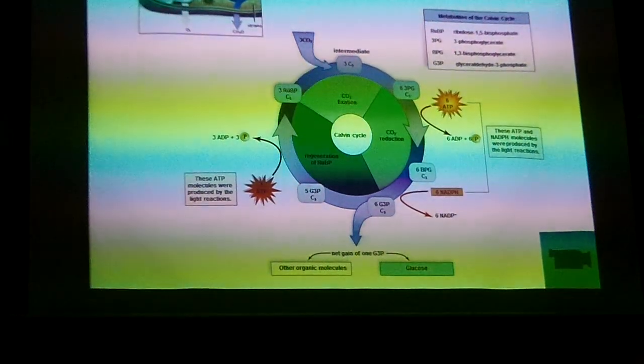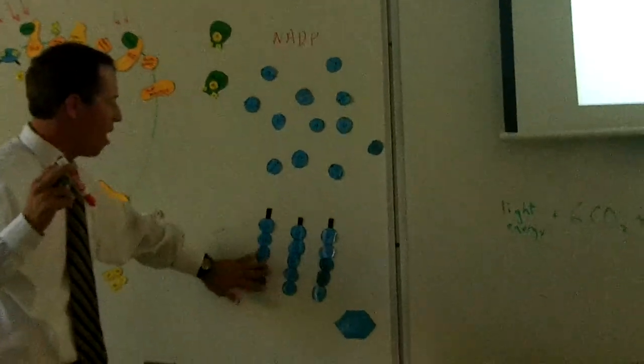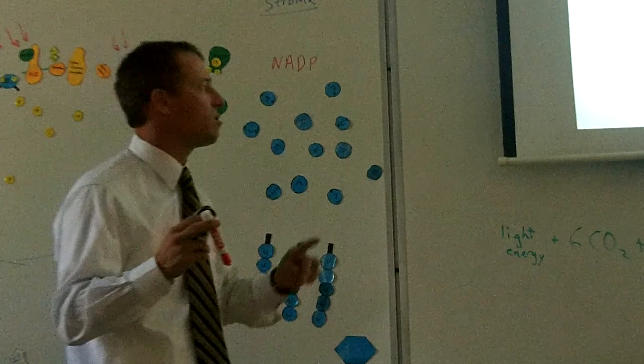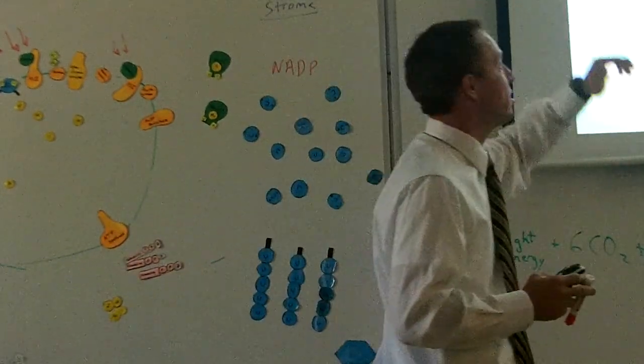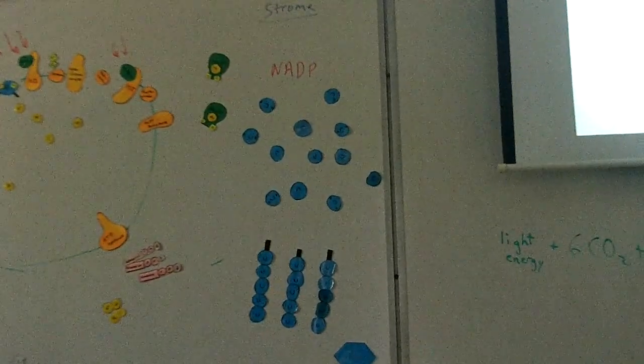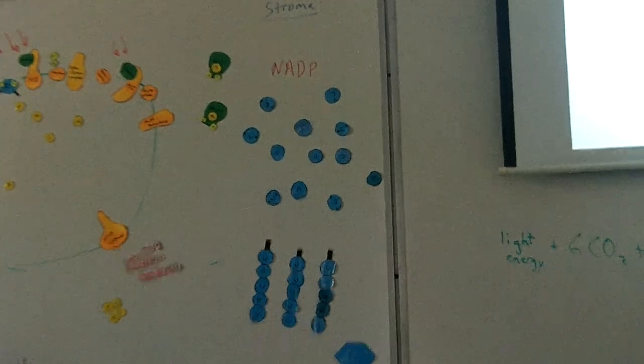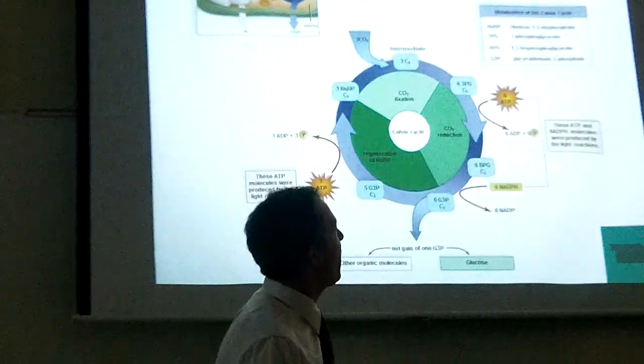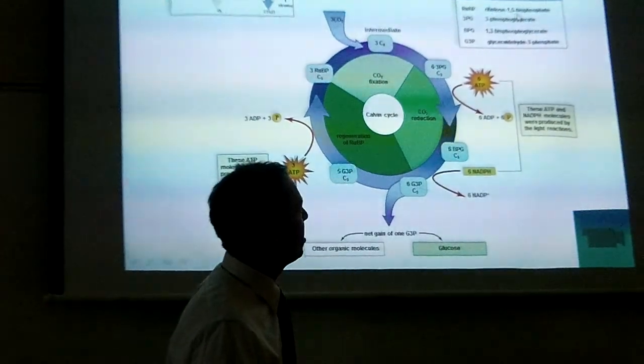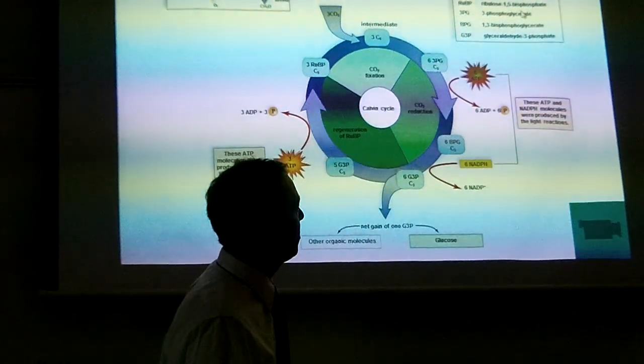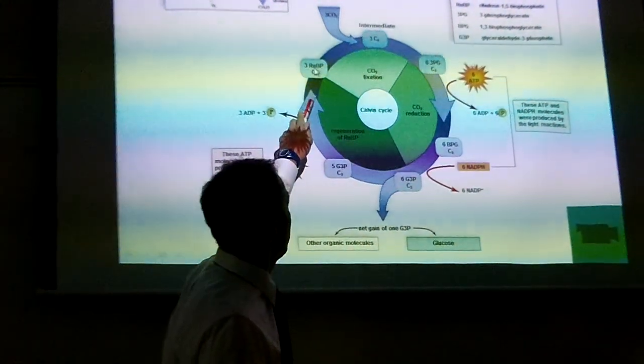Sitting out here in the stroma are molecules, and there are actually 2 molecules that you should know out of all of these. One of them is called RUBP. That stands for ribulose bisphosphate. What is it?